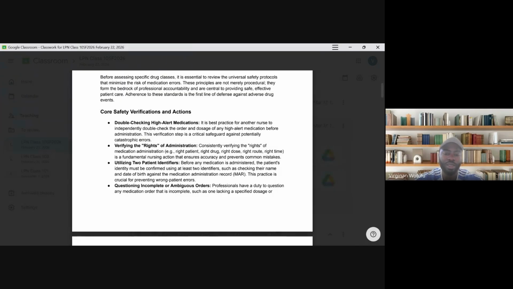You question the order: from what I know, potassium is never supposed to be given IV push, so why is it written here like this? That is you advocating for the safety of your patient. It's your right as a nurse, ethically. As a nurse, you have the right to advocate for patients' safety.